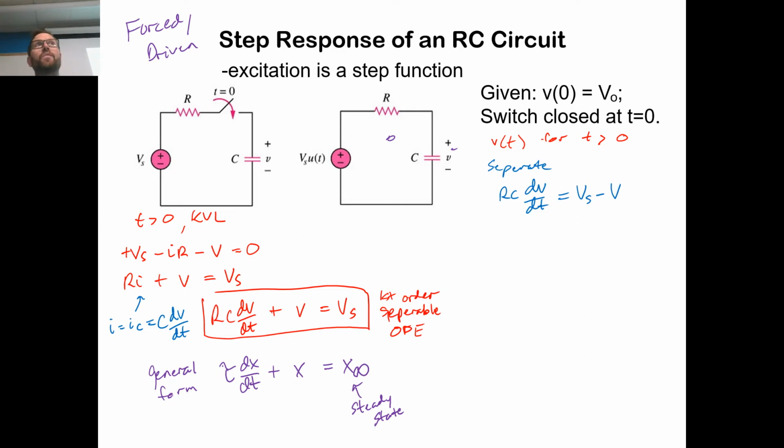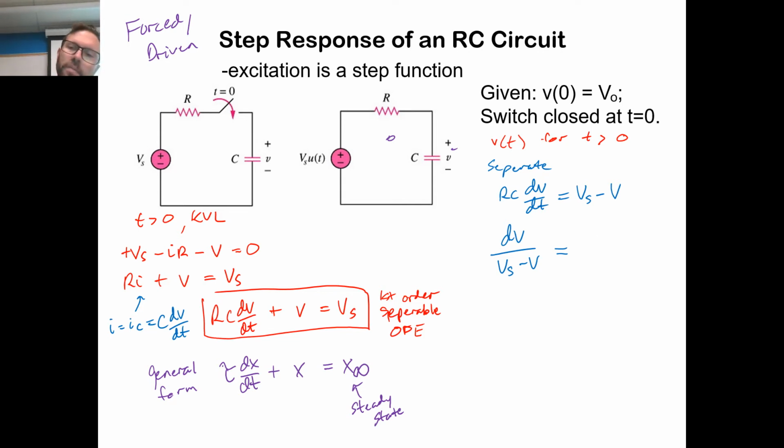So we'll move the V's with the dV, and so we get a dV over Vs minus V. Let me do this in a couple of steps so we can show how this is going to end up. So we move the Vs minus V over here, and then we leave the RC over here.